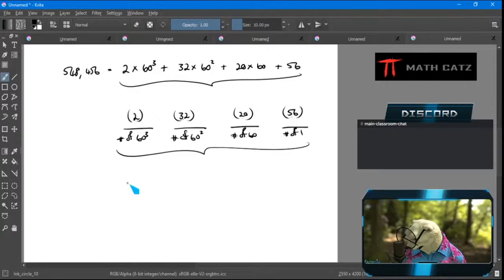So I'm going to have a 4-place number, 2 space 32 space 20 space 56.